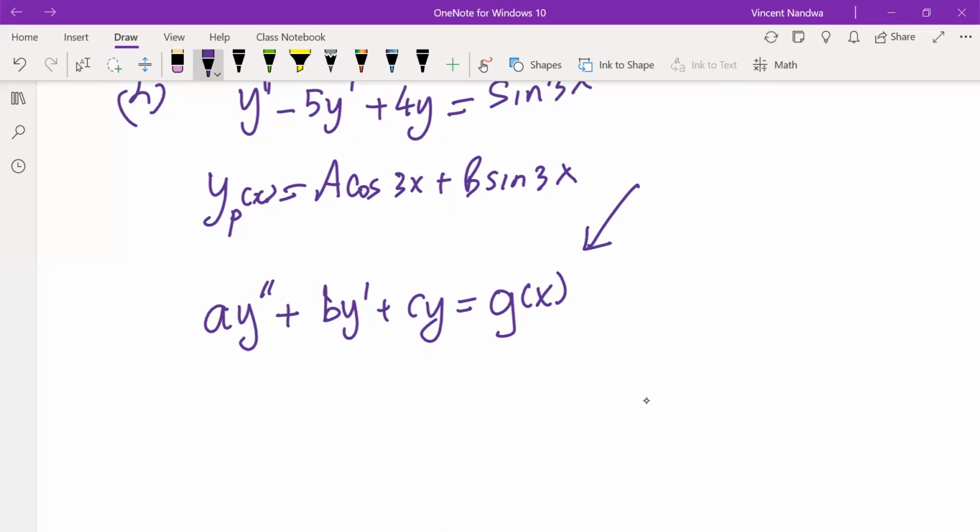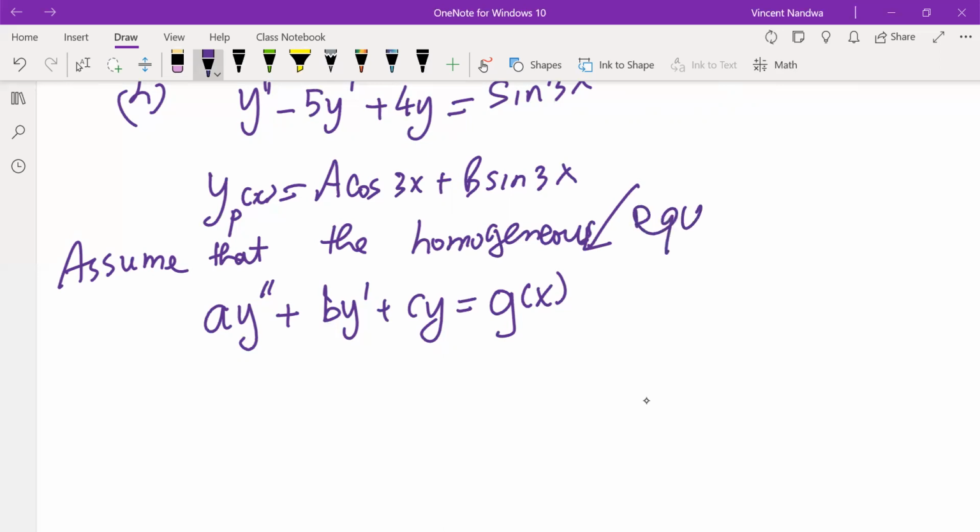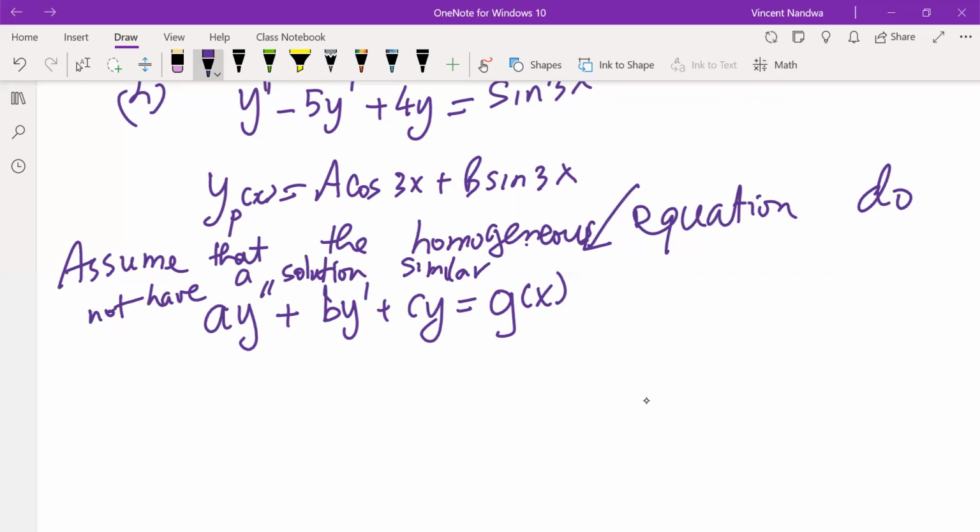So assume that the homogeneous part equation does not have a solution similar to the g of x in this given differential equation.